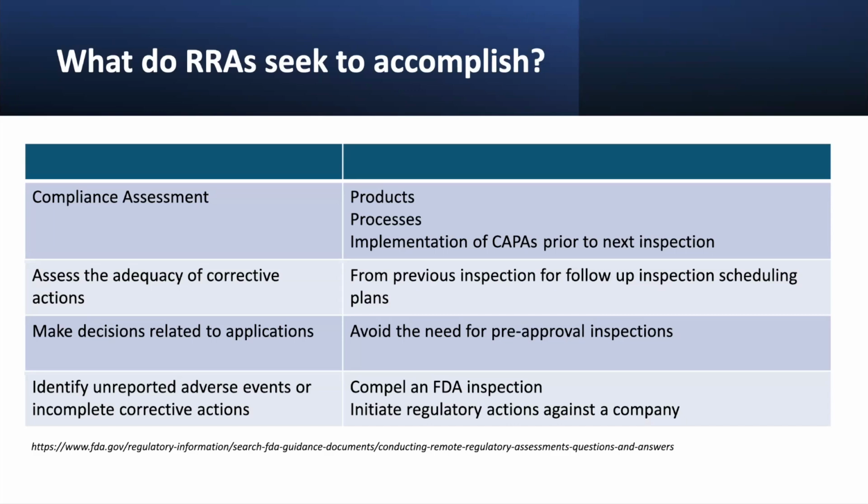This is a good thing. Then they use this as an opportunity to avoid the need for a pre-approval inspection. So they're going to be looking at some pre-approval work. They're going to identify some unreported adverse events, or incomplete corrective actions.